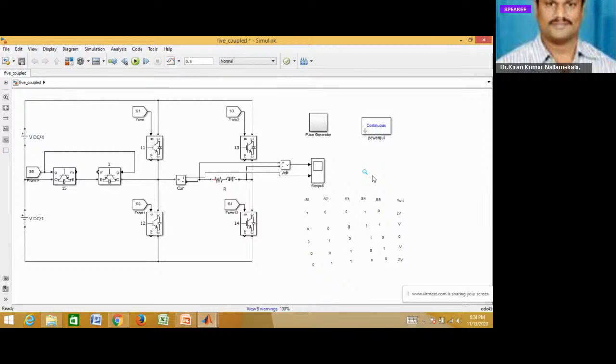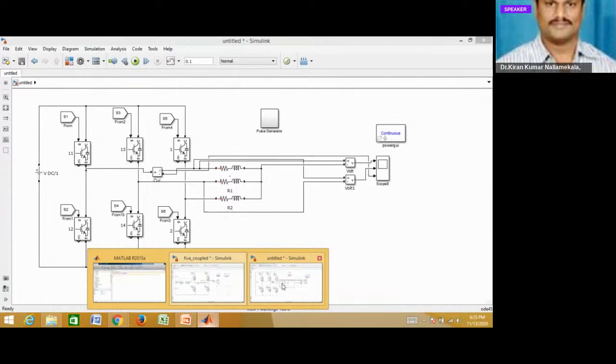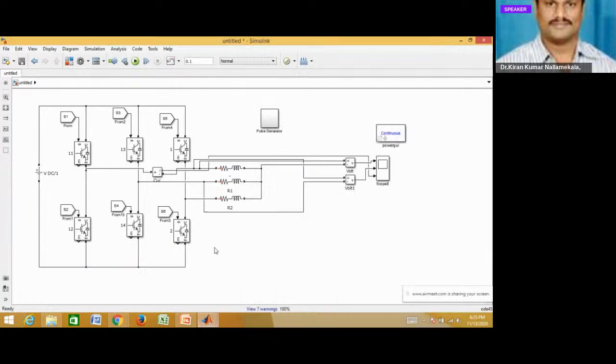Now, before that, we can even simulate single phase 2-level inverter also, half bridge inverter. Otherwise, we can simulate here itself.